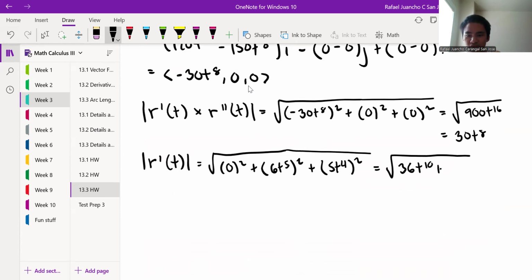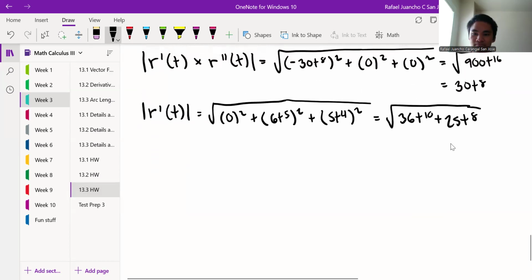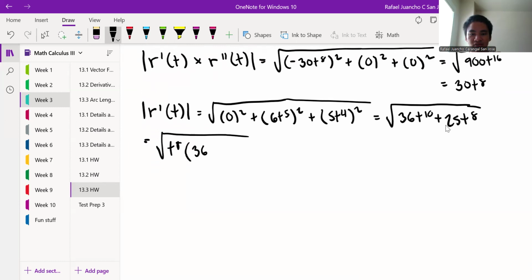It's not nice when you're looking at square roots, not exactly the number I'm expecting, but I can simplify this. I can factor out a t to the 8th to make it cleaner. So this gives me 36t squared plus 25, and the t to the 8th I can just take out, so this is going to be t to the 4th.